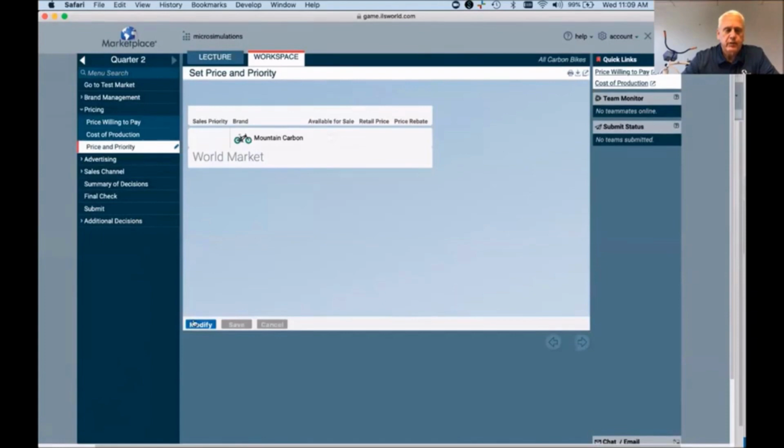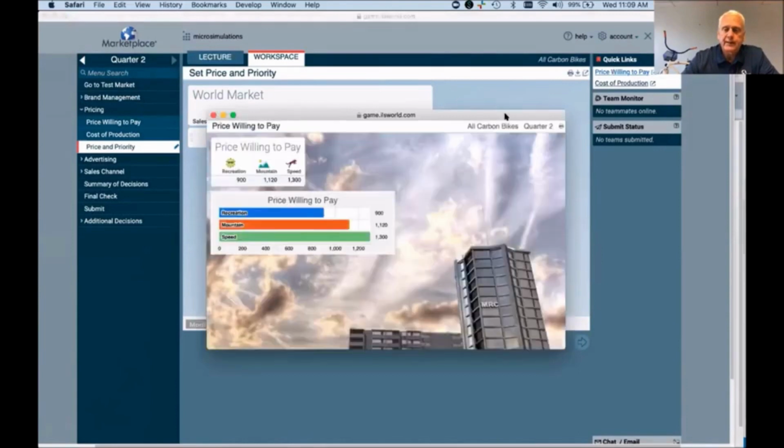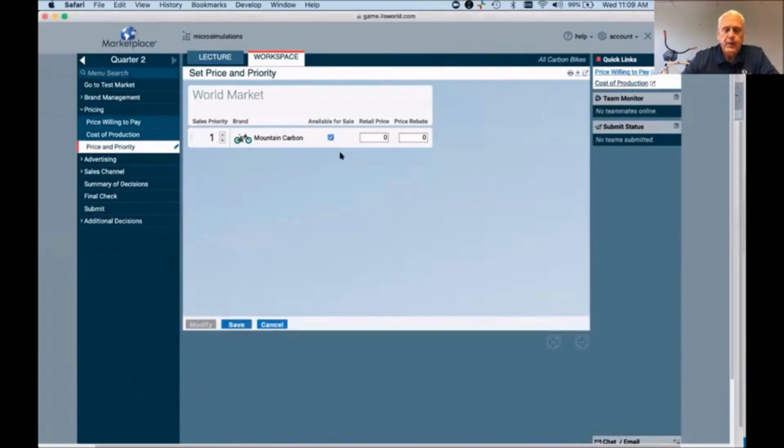So I go into price and priority, and I want to make it available for sale. Over on the right are these quick links, and because I can't remember what price they're willing to pay, I can see they are willing to pay $1,120, and I want to appeal to both the mountain and the recreation segment.